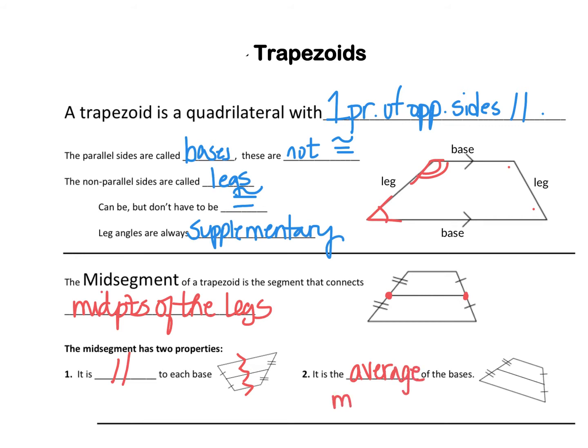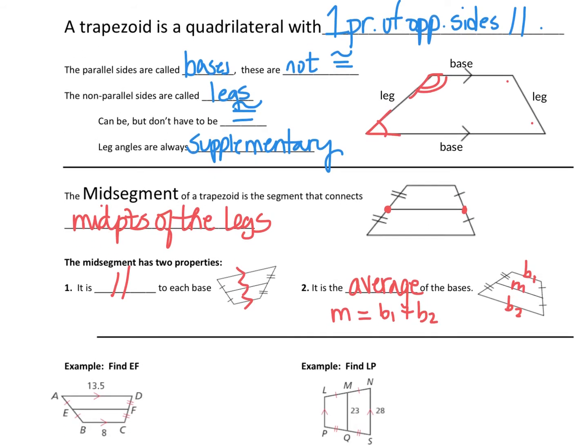So if I call this the mid-segment, this base 1 and this base 2, it's B1 plus B2 divided by 2.